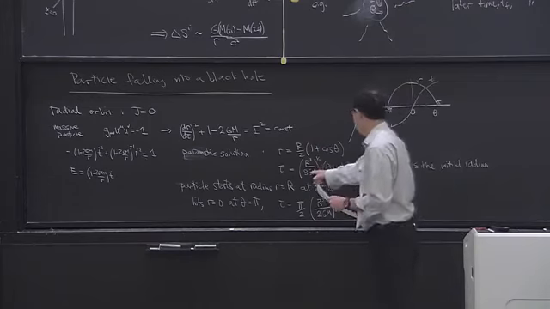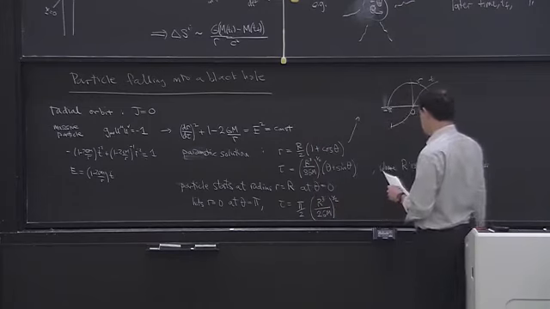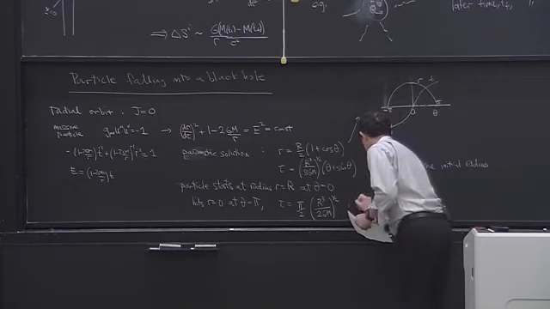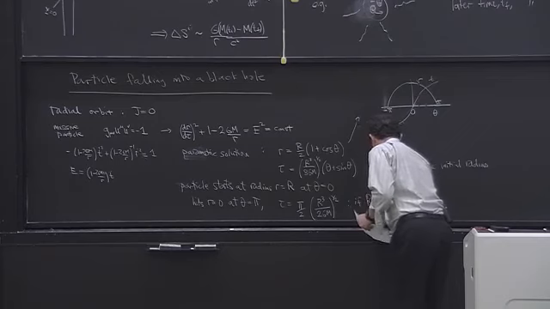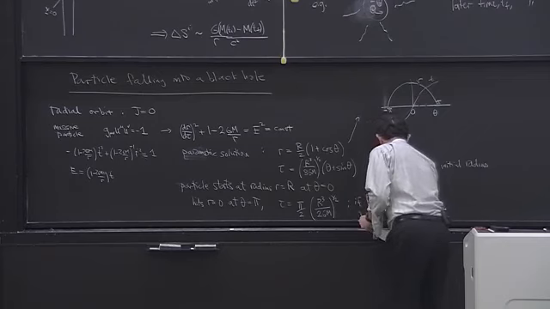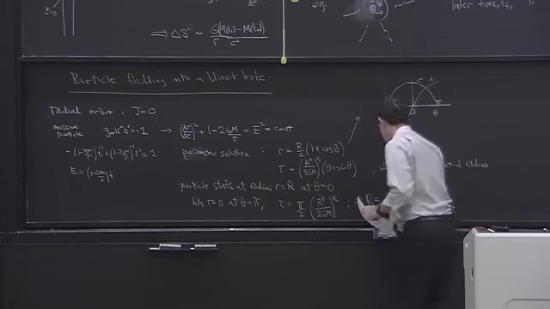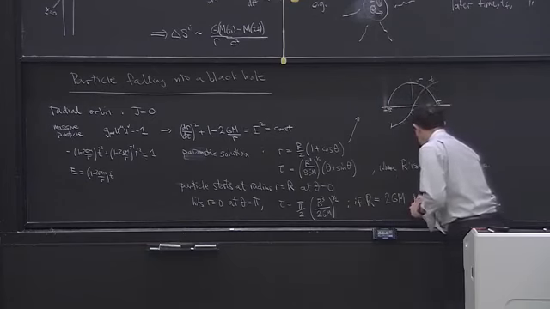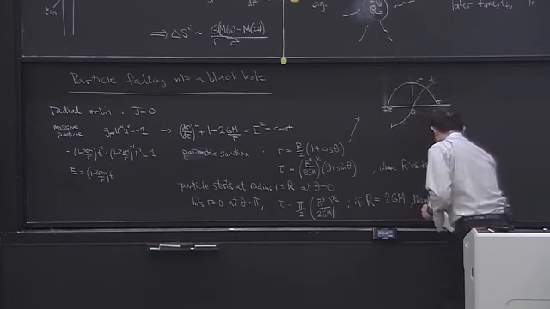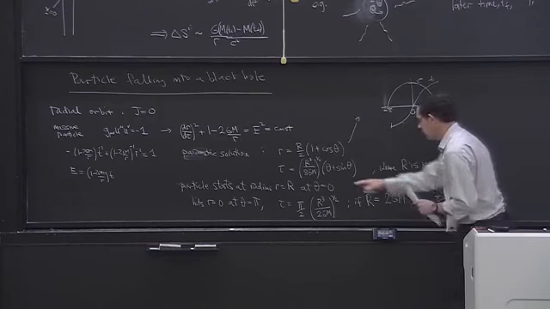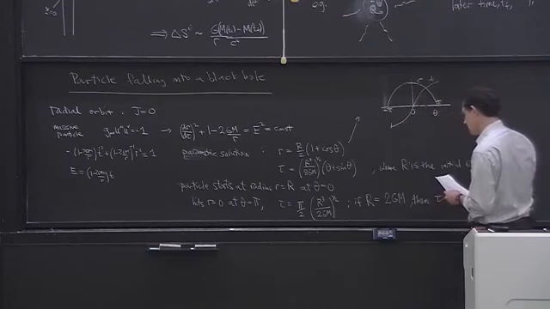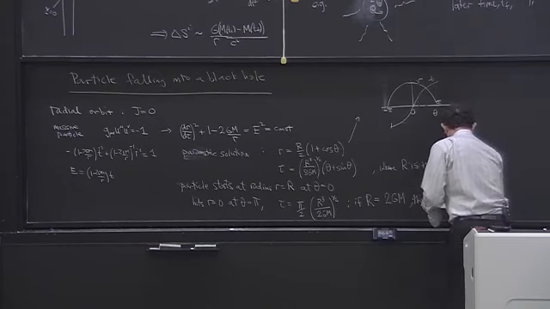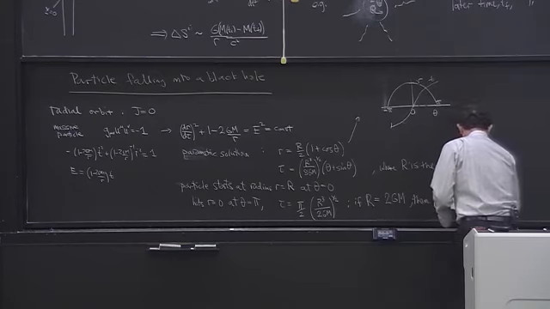Okay, so I just pulled out a factor of 4. And so in particular, if R, the initial radius, is equal to 2gm, the Schwarzschild radius, then tau is equal to pi gm.